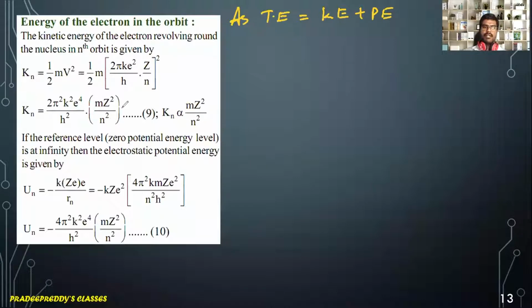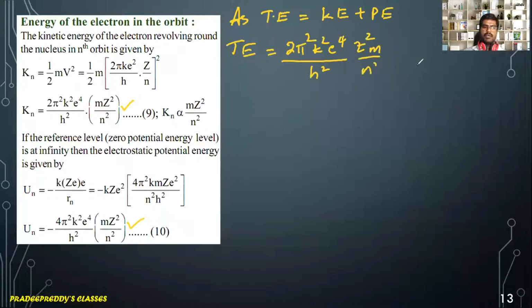We have derived the equation for kinetic energy and the equation for potential energy. I'll add those two. Total energy is equal to kinetic energy, 2 pi square k square e power 4 divided by h square into z square m divided by n square, plus potential energy, minus 4 pi square k square e power 4 divided by h square into z square m divided by n square.